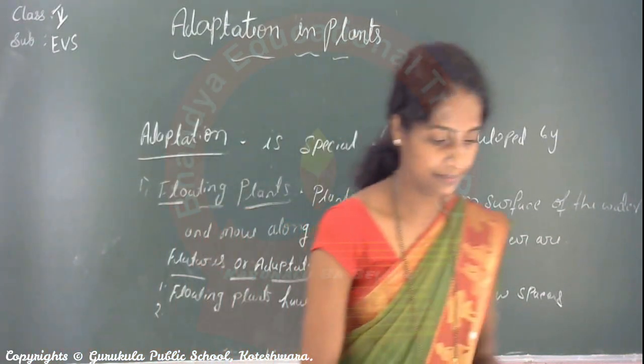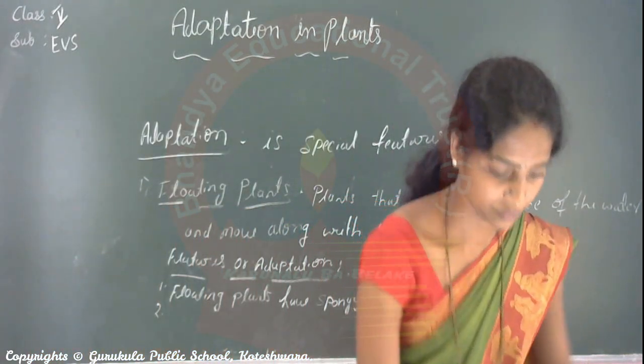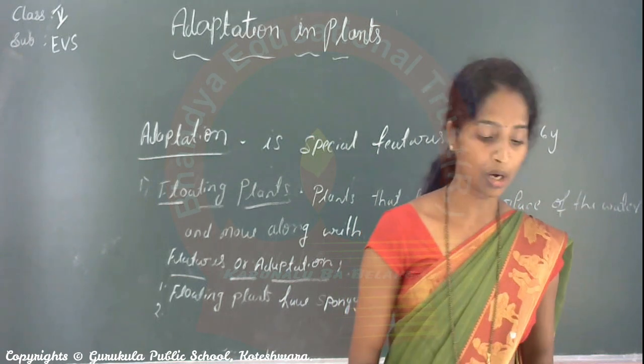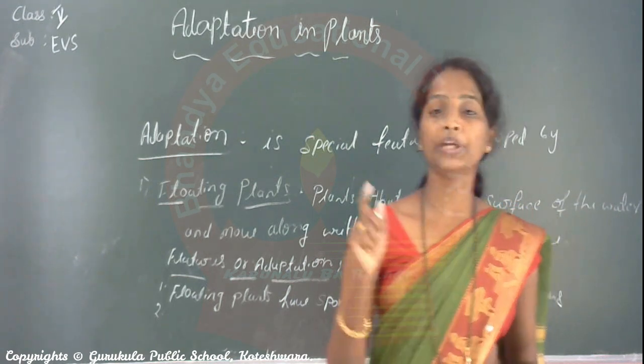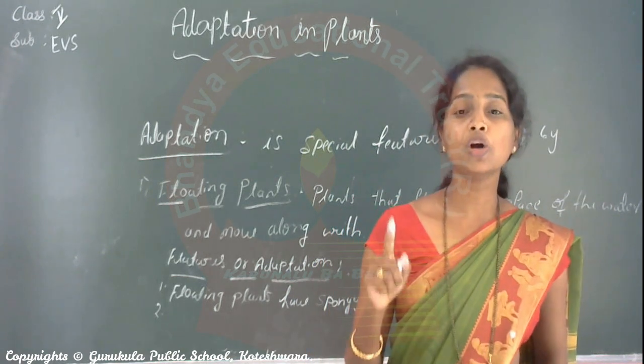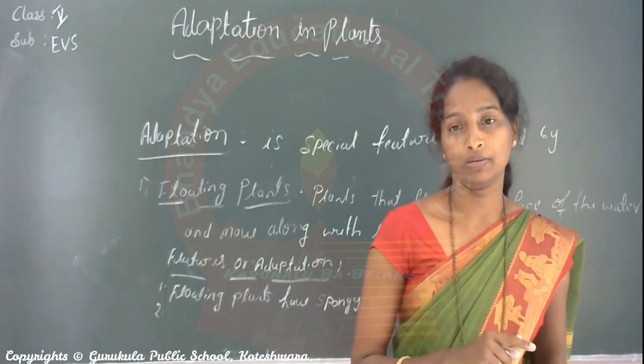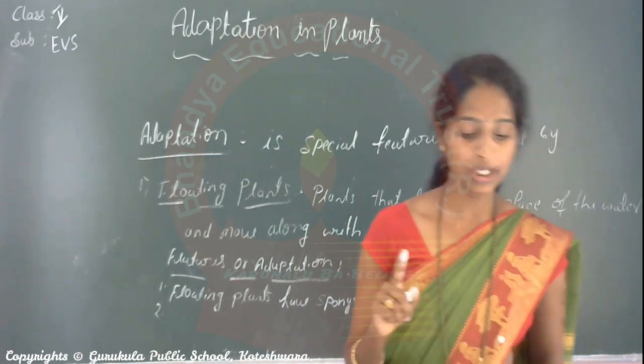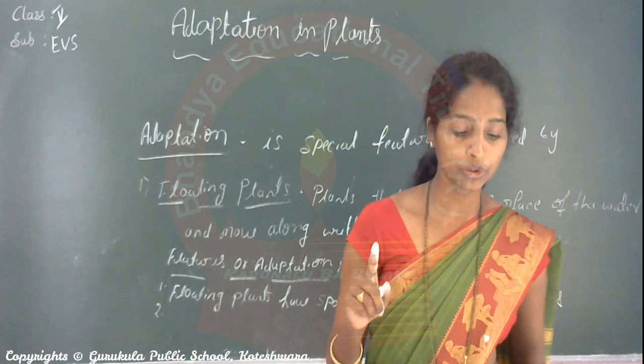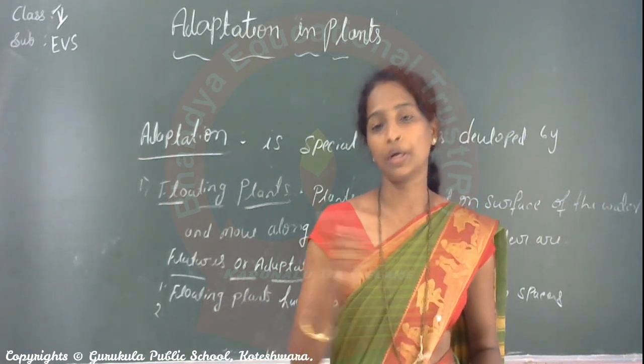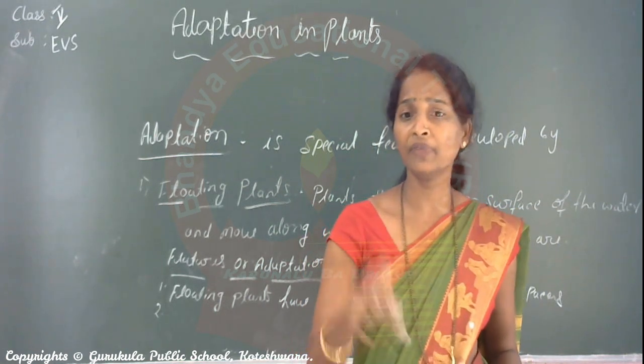The second one is the root system of floating plants. It is not fixed to the soil or to the bottom of the water body.